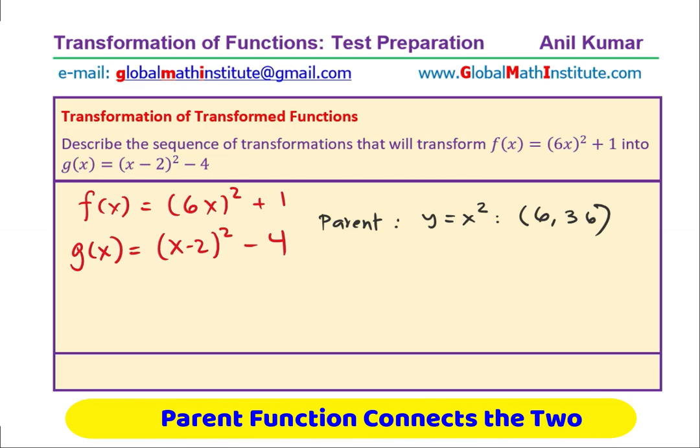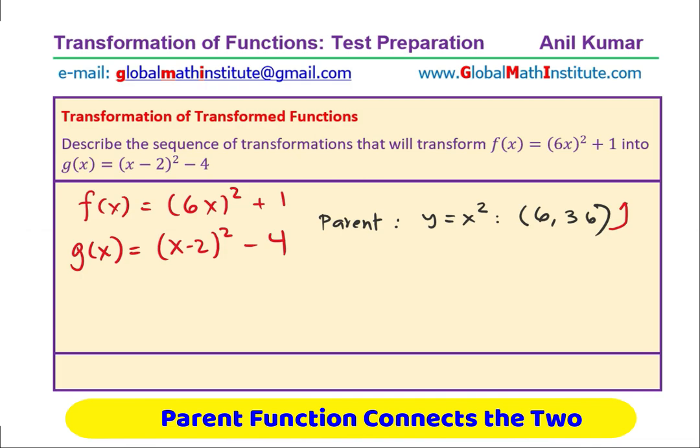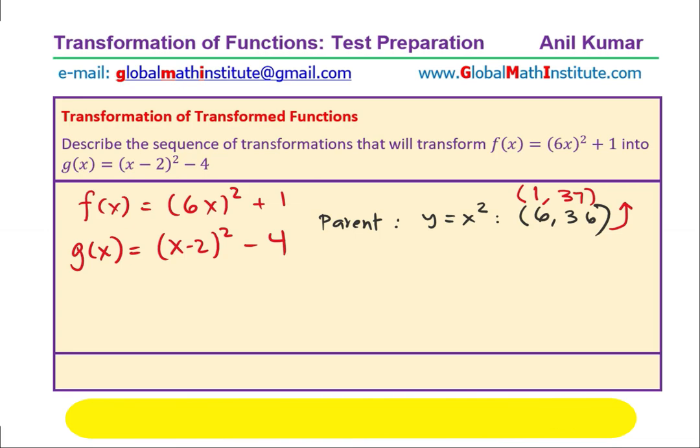If you apply the transformations, what will this point be on f of x? Well, multiplying by 1 over 6 for the x value will give me 1 here. And then translating 1 unit up will give me 37 there. Makes sense? So that will be the point on f of x, correct?